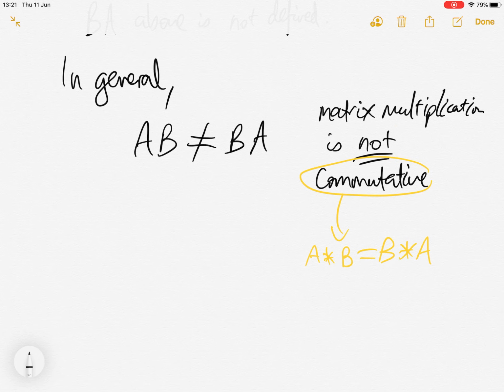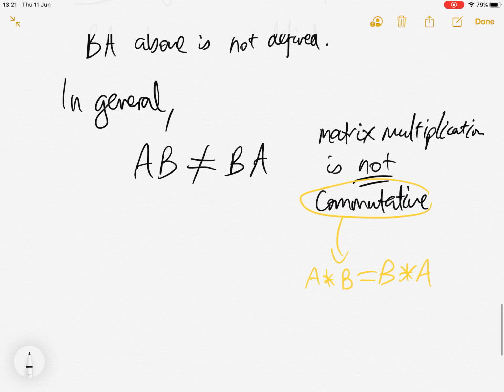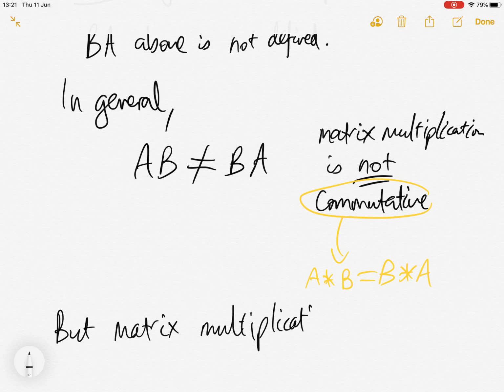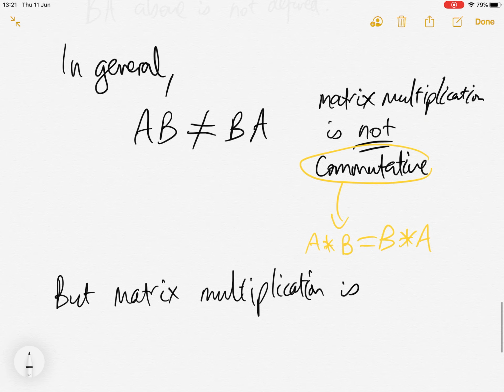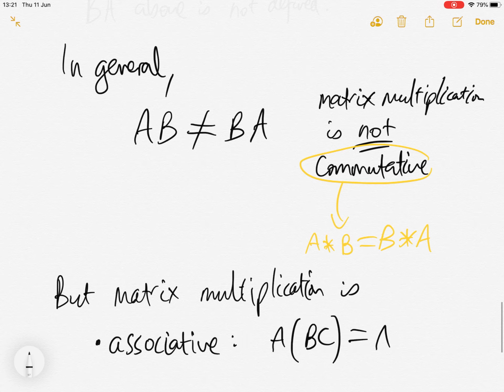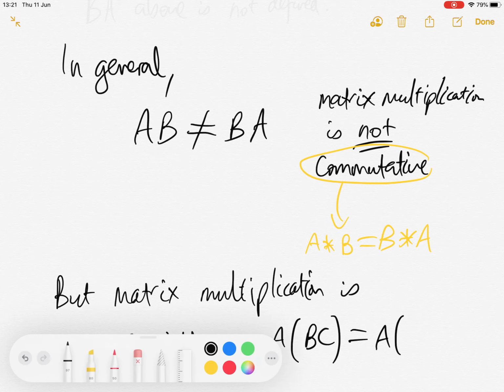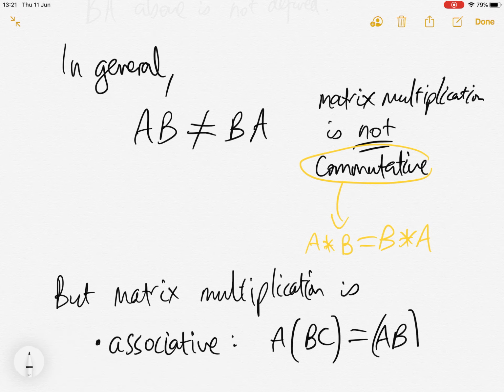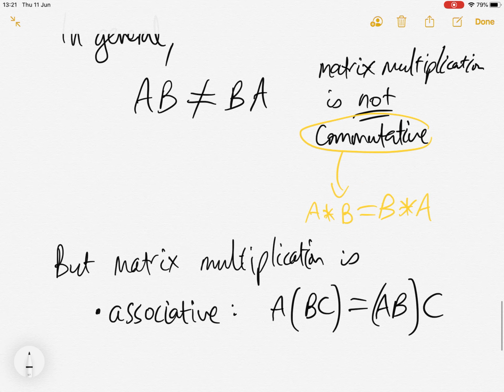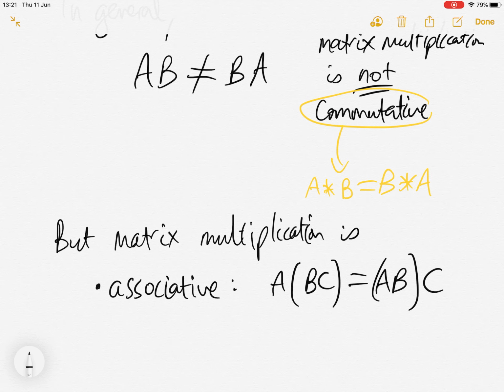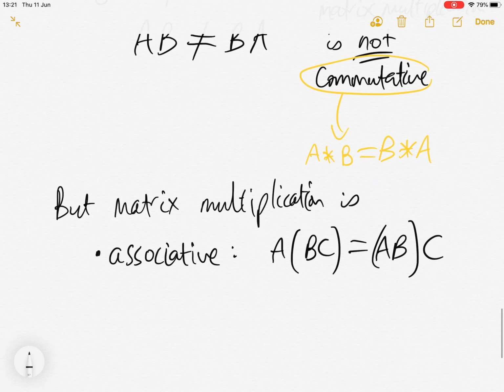Okay, so let's see examples of how to multiply matrices. But first we'll say that matrix multiplication is firstly associative. This means that A times BC is the same as AB times C. So if you have 3 matrices, it doesn't matter which pair you do first.